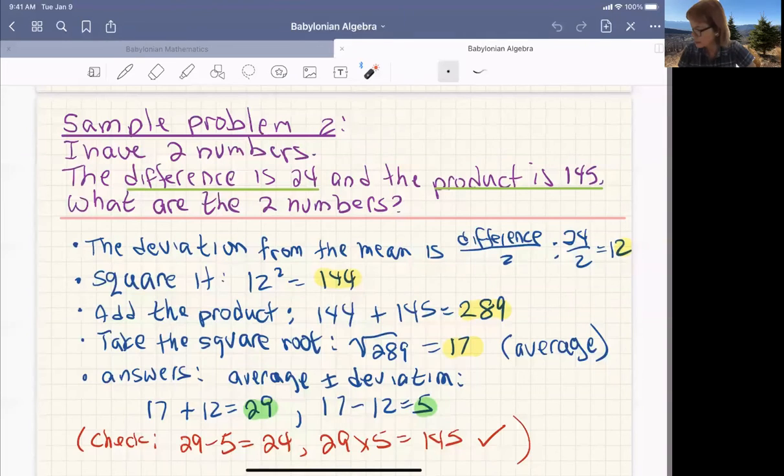Next, take that number and square it. Next, you add the product. So the number from that step plus the product, which is 145, you get 289. Now you take the square root.